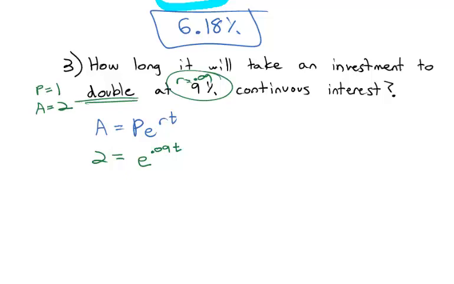Now, your textbook wants you to kind of guess and check at t. That is a pain, and it's going to take a long time. There's a much easier way. When we want to get at an exponent, we can use logarithms. If we have a base e, we're talking about a natural log. Then the natural log of the answer will equal the exponent, 0.09t.